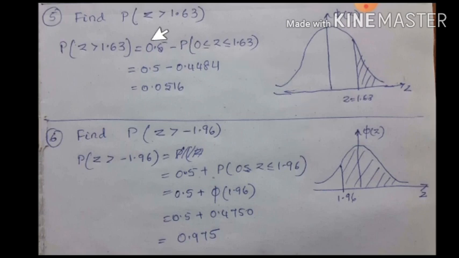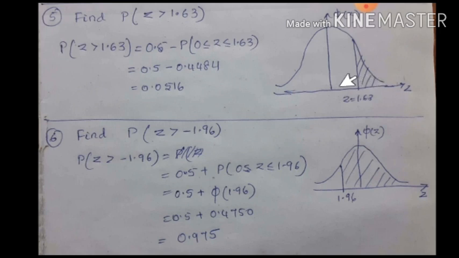Now, if I wanted to find the area where z is greater than 1.63, I have randomly taken some values. It is a positive value, so I have to take z equal to 1.63 on the z line. Greater than means, left side will be less than, right side will be greater than. So here greater than means this area. But I don't have a normal probability table from 1.63 till infinity. So what should we do?